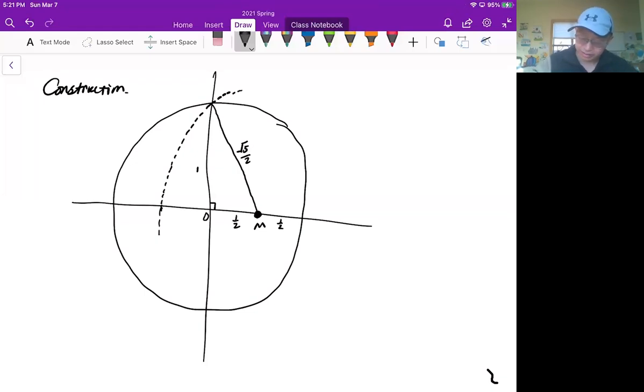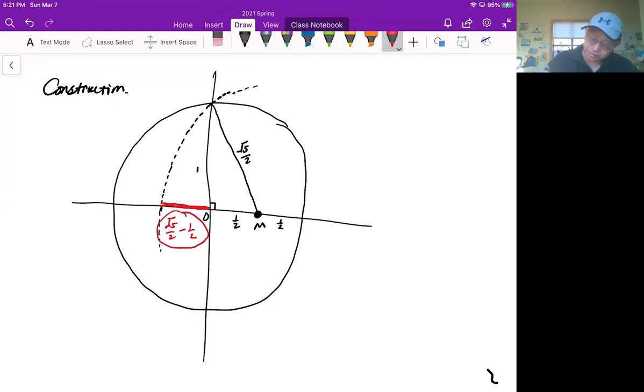So this is the center. M is the center of the circle, and the square root of 5 divided by 2 is the radius. So the question here: what is this number? Can you tell me? This number is just the square root of 5 over 2 minus 1/2.